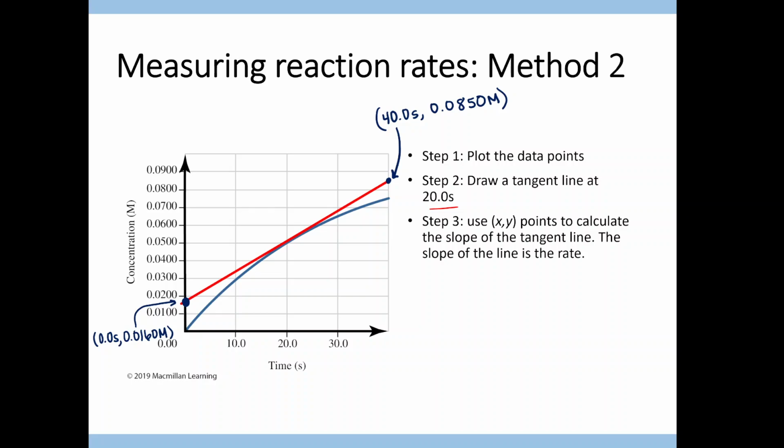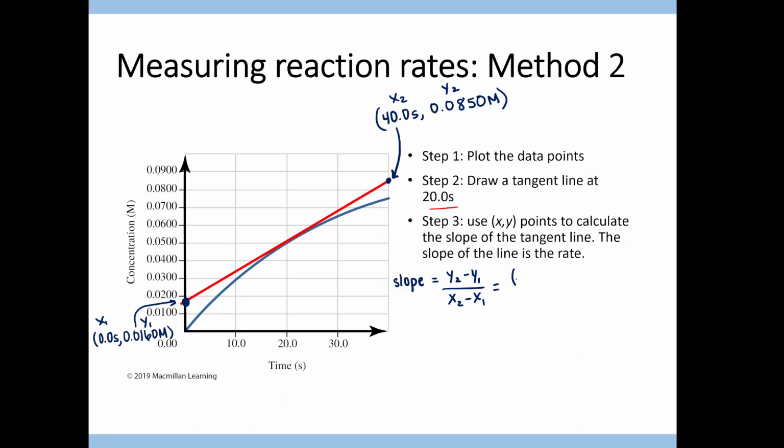All right, so using those two, we can find the slope, which is y2 minus y1 divided by x2 minus x1. So this is x2 and y2. This is x1 and y1, or x and y points.